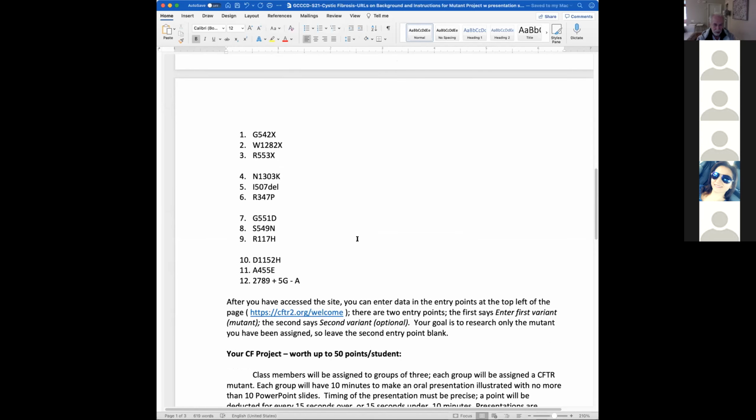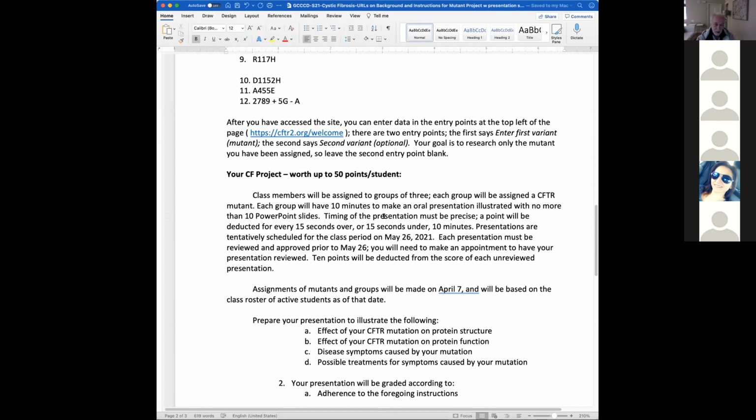Because we don't have endless time in class, and this will be done during a class period, the timing will have to be precise. To make it precise, a point will be deducted for every 15 seconds over 10 minutes or 15 seconds under 10 minutes.